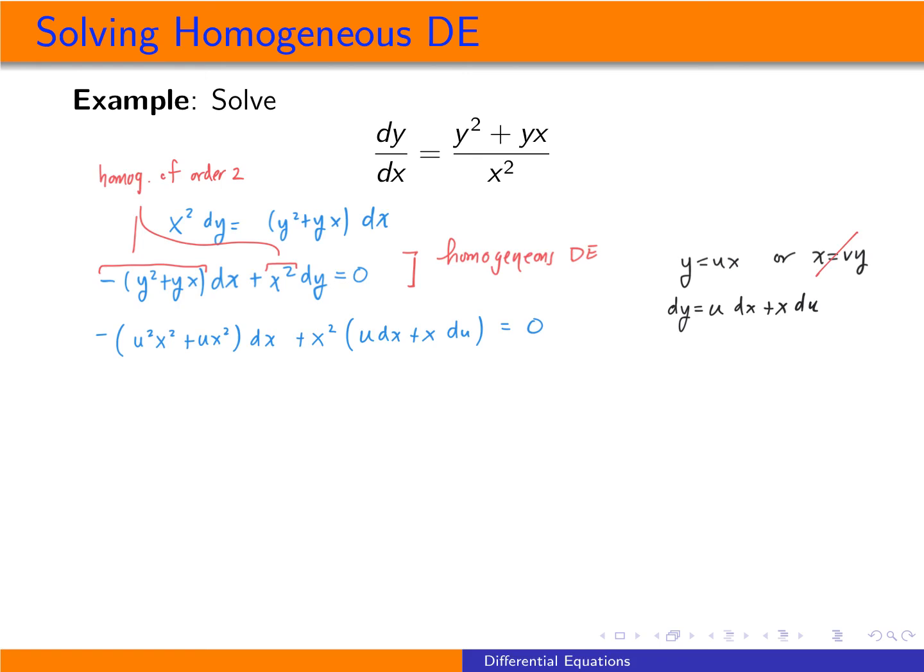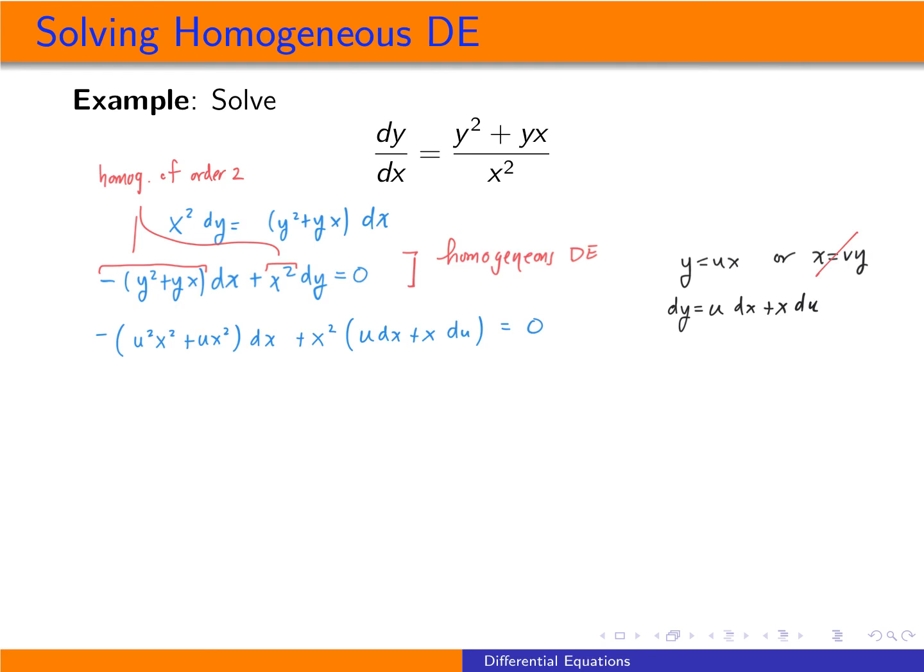And this is very common. We make the substitution, and then what results looks like a mess. But what we are guaranteed is that for a homogeneous differential equation, this substitution makes it a separable equation. So with that in mind, we just go with it. Expand everything out, see what terms combine or cancel, and then separate.